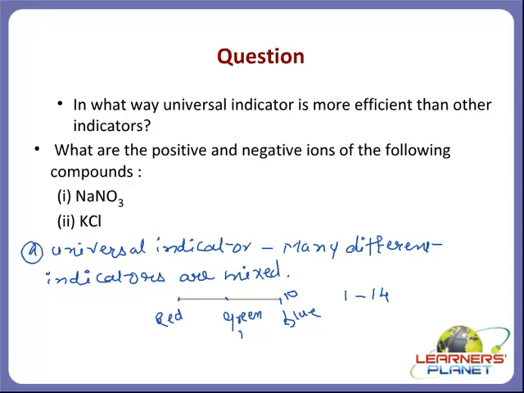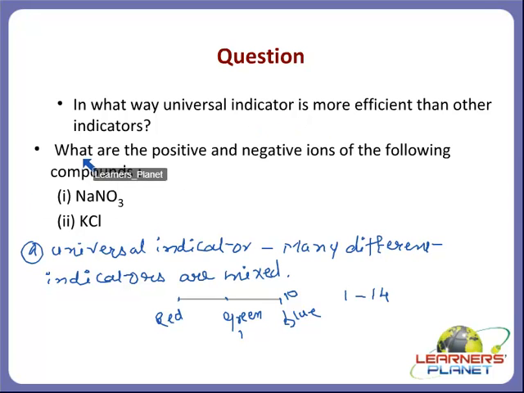So which is a more efficient indicator, universal indicator or other indicators like methyl orange, like phenolphthalein? Universal indicator. Why? Because it gives the indication of pH. It tells you the exact pH. It shows color change at different pH. Clear?